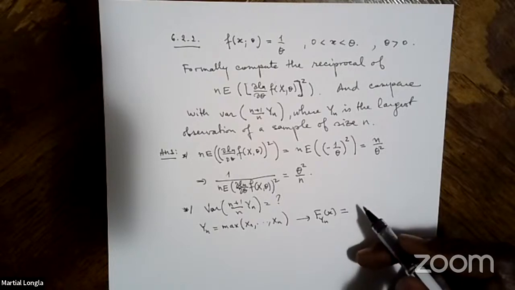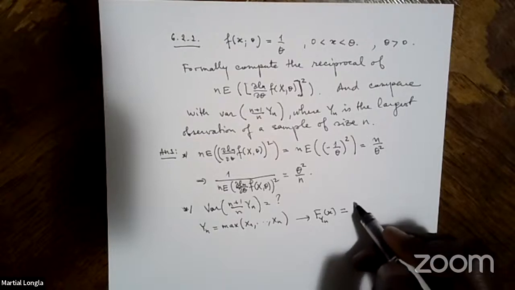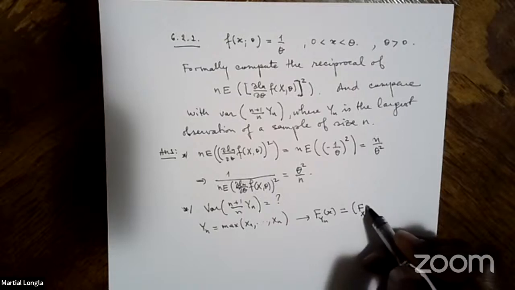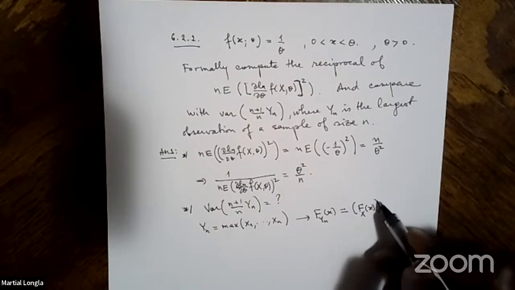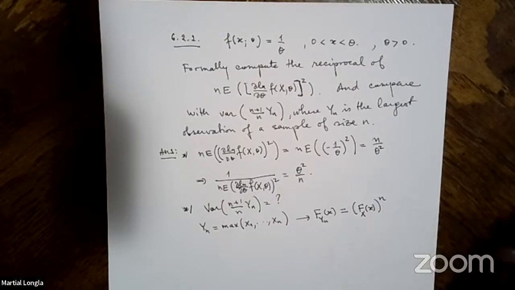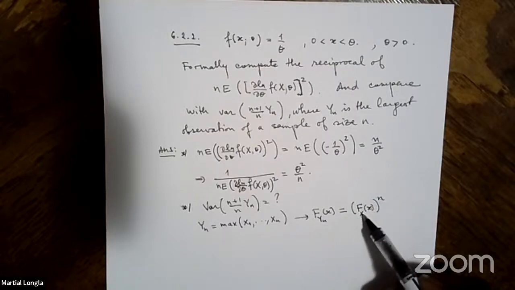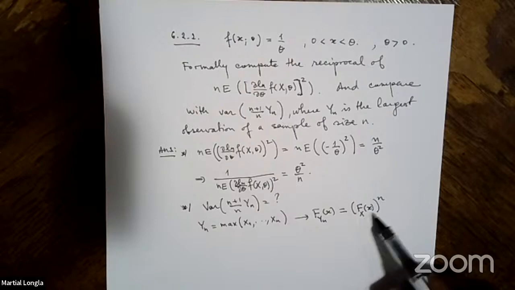So it's a base case, theta equals 1. That's f x of x raised to the power n. This is from 575. The distribution of the largest observation is the distribution of the family, the population raised to the power n.